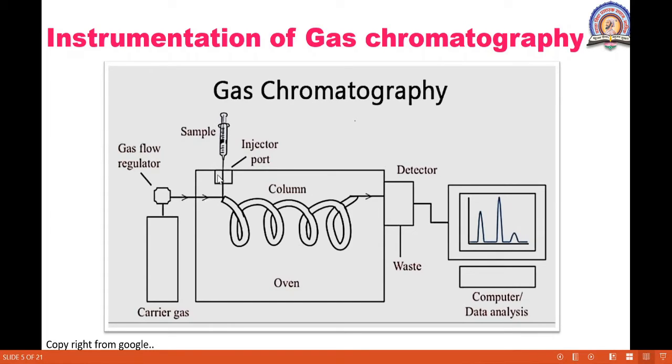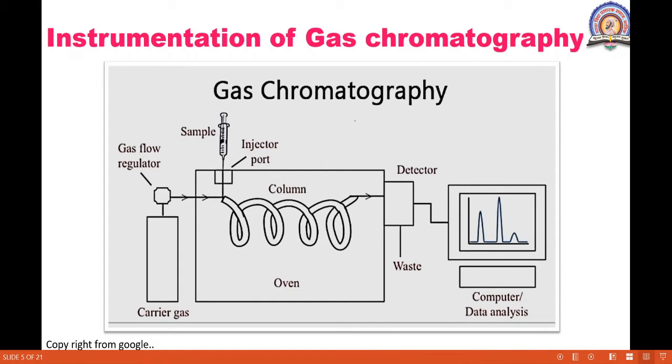Then here the sample injector, the sample inlet is there. There are three types of samples: solid, liquid and gas. We know that for gas chromatography, the sample is in gaseous form, right?